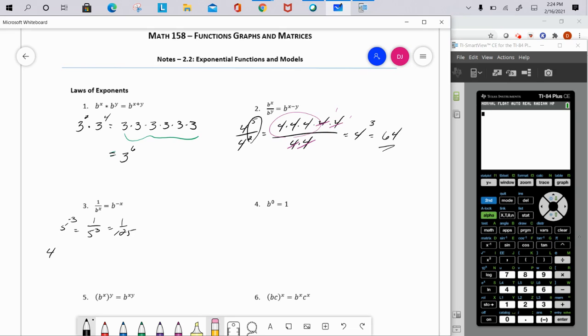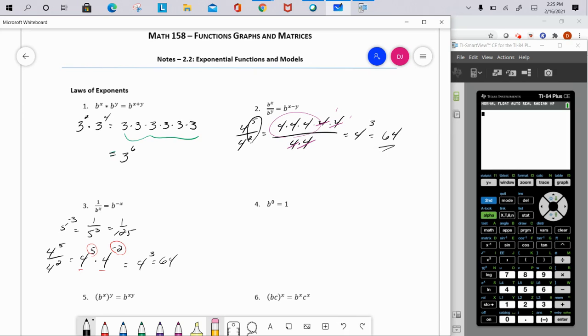If I got 4 to the 5th divided by 4 squared, 4 to the 5th is 4 to the 5th, but dividing by 4 squared is the same as multiplying by 4 to the negative second. Now notice I've got the same base 4 with those exponents. If I add exponents 5 and negative 2, I would get 3, and I would get the same value, 64, that I got up here.